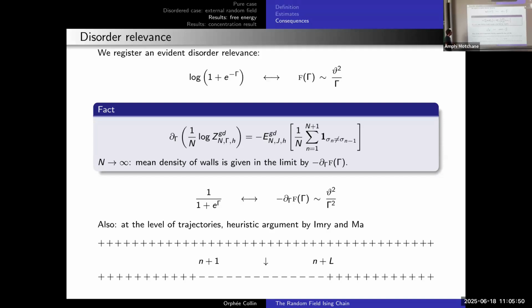And now we're going to investigate how this goes at the level of trajectories. There is a first simple heuristic argument by Imry and Ma, which goes back to the 80s, I think.